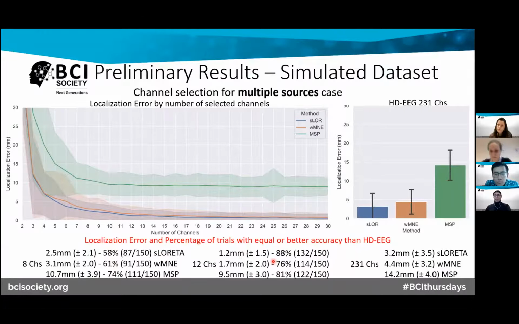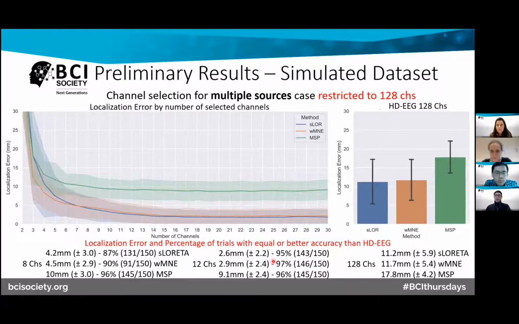We did the same test, but instead of using the 231 positions, we restricted the search to 128 positions, like a standard system for EEG recording.